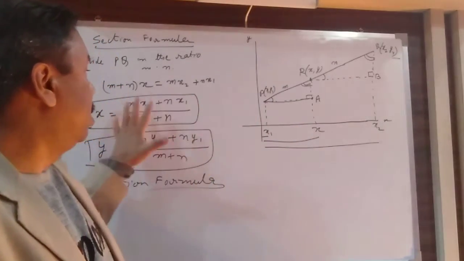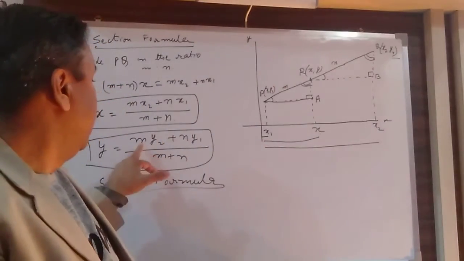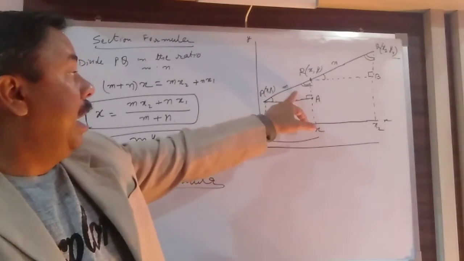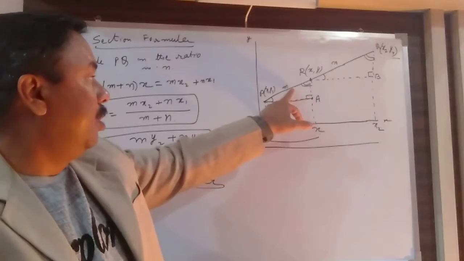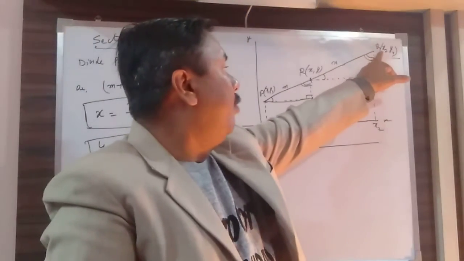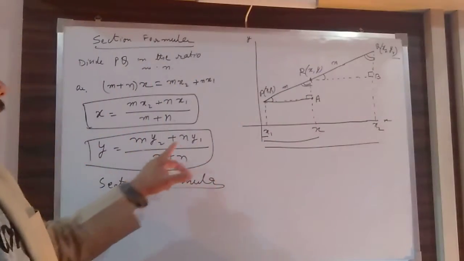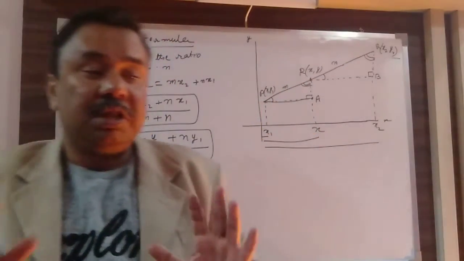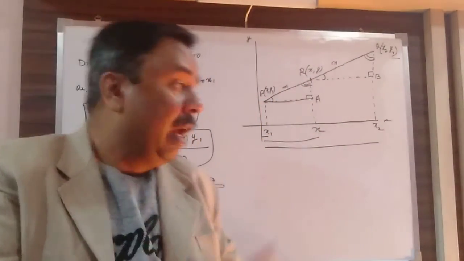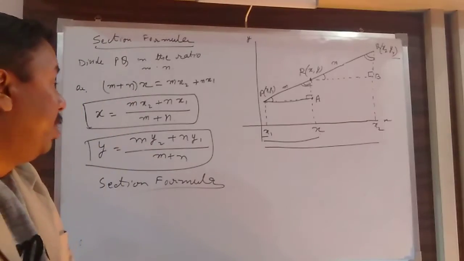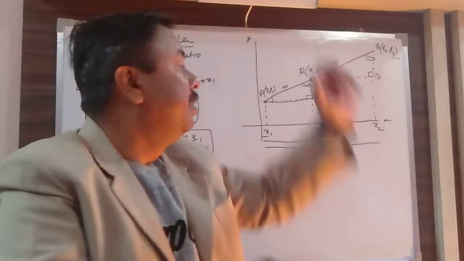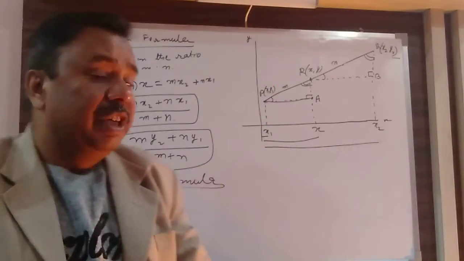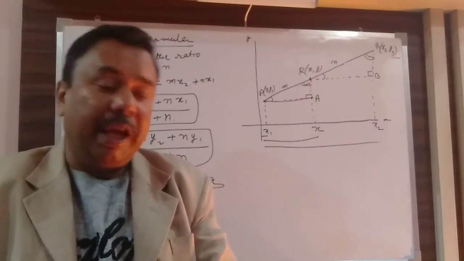Numerator, both are like that only. Here also m, that is m, the ratio of this side, to y2, and n, y1. So this is how you will be getting the numerator, and denominator is very simple, just m plus n.